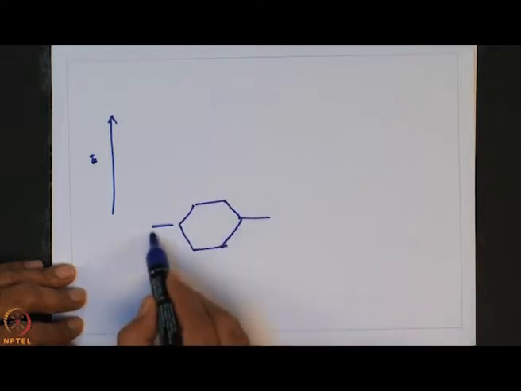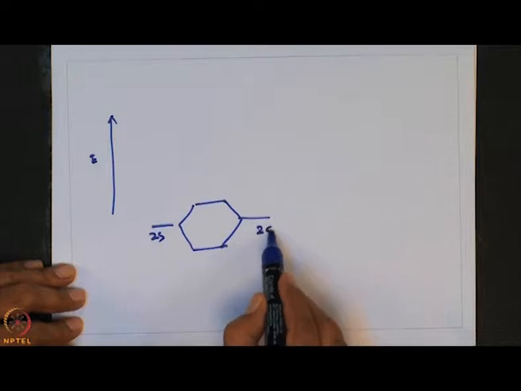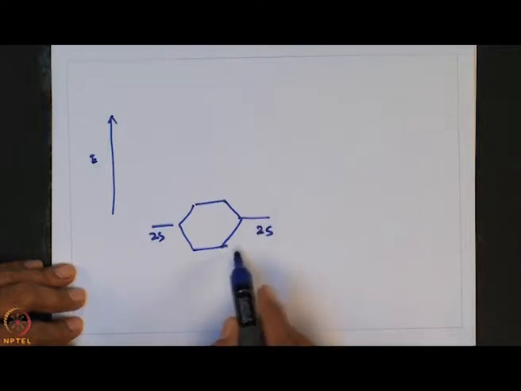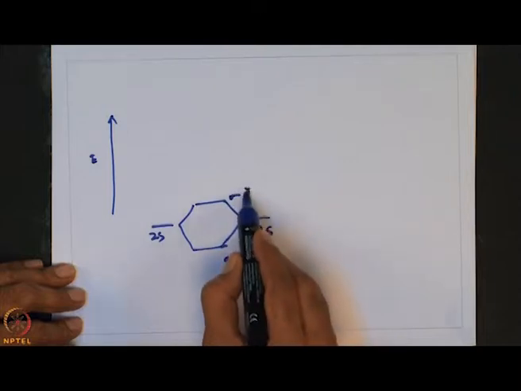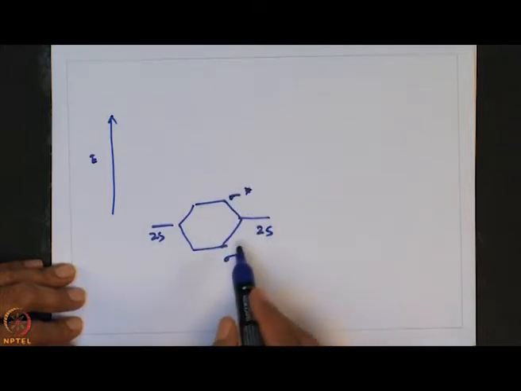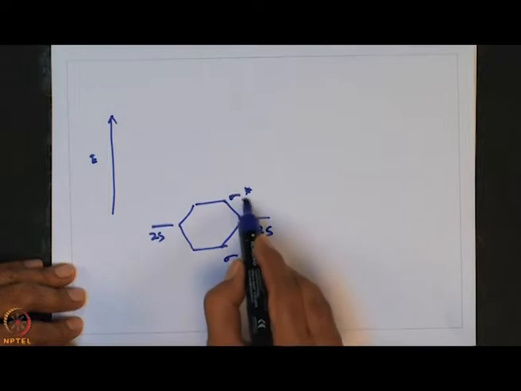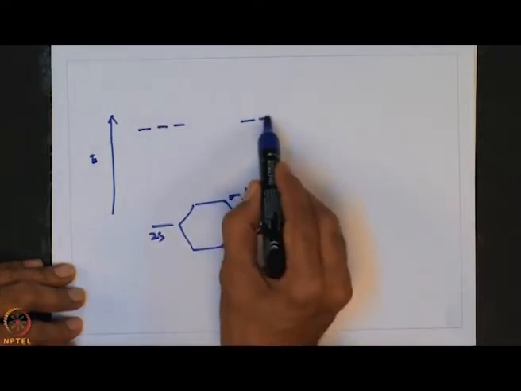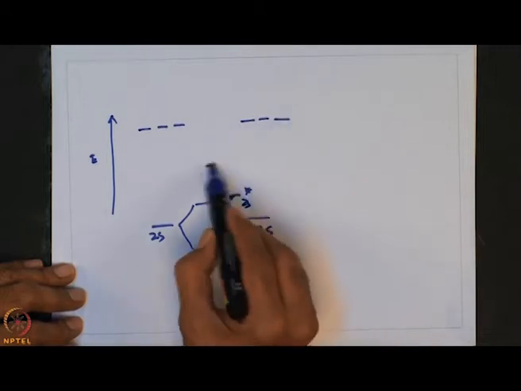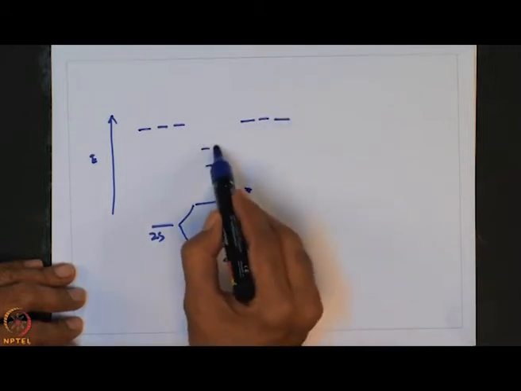So, this is about 2s. Of course, here it is sigma and sigma star 2s. Then we consider p, and here it can interchange.